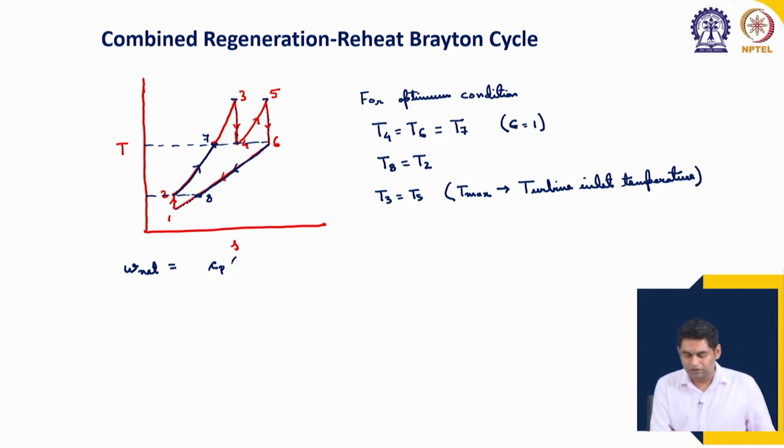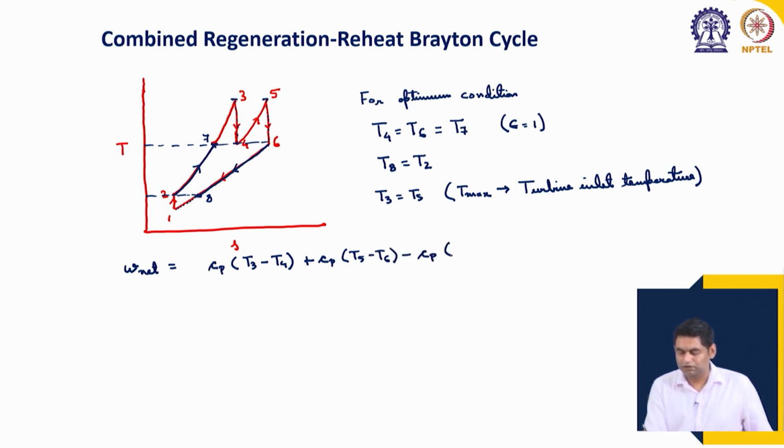So, Cp (T3 minus T4) plus Cp (T5 minus T6) minus Cp (T2 minus T1).